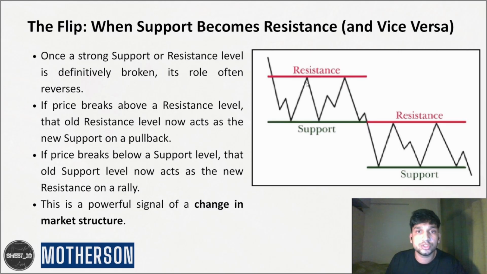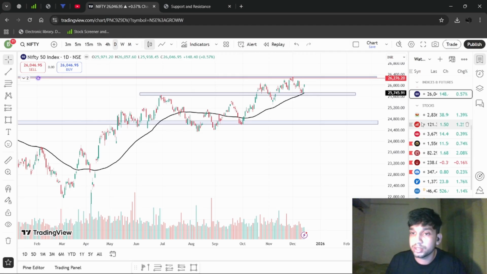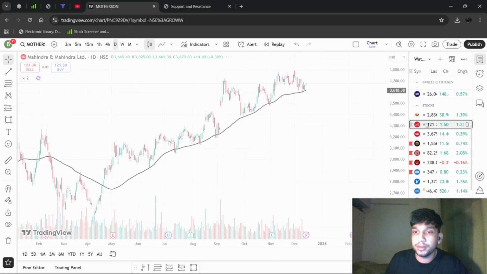Okay. See, this is what I told you when I said that resistance and support interchange their positions. So here you can see, let's take a look at the chart of Motherson Sumi.